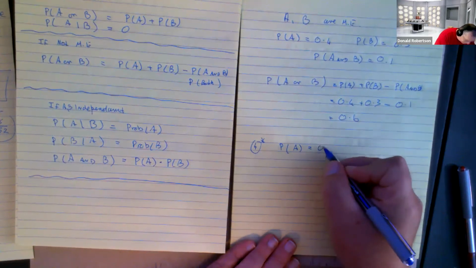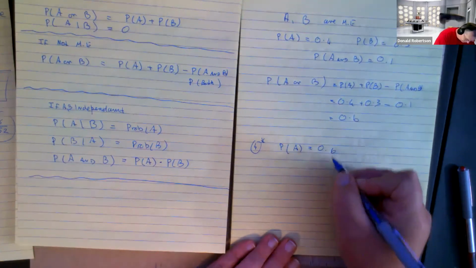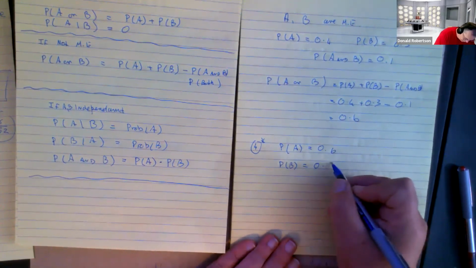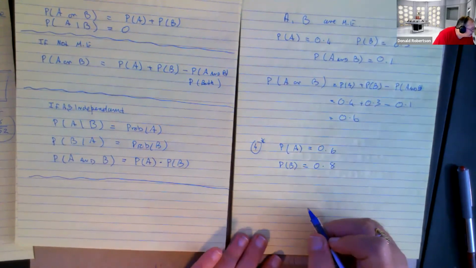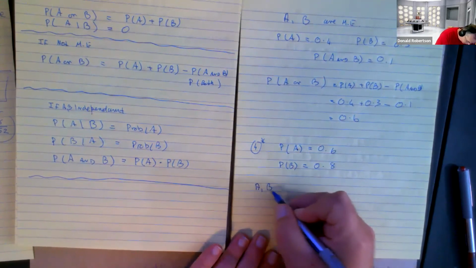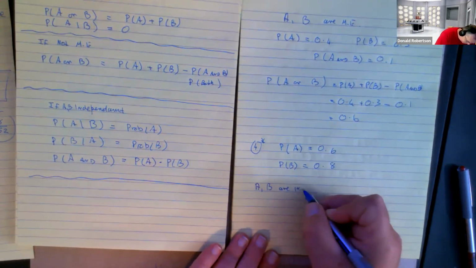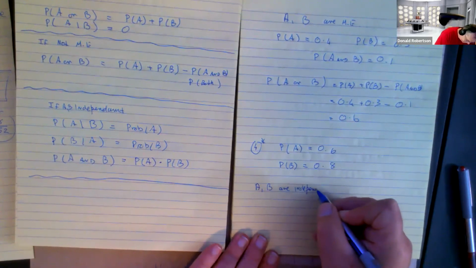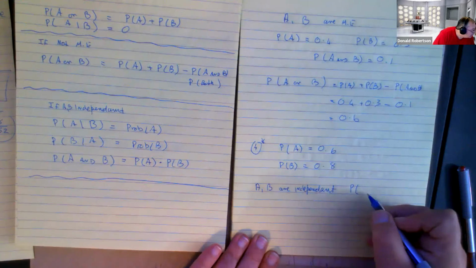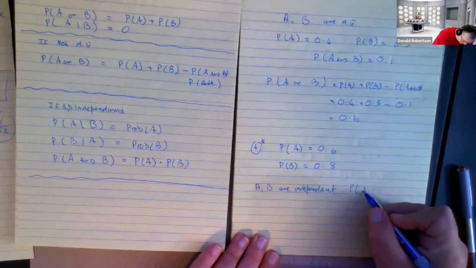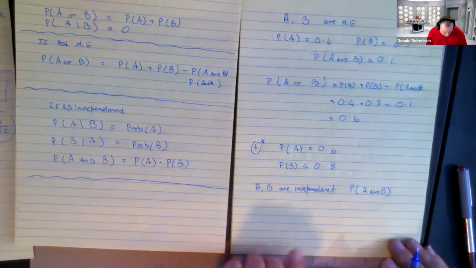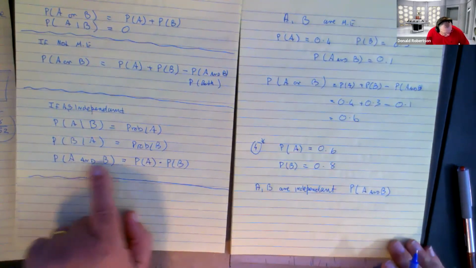Suppose I tell you that this guy is 0.6, and I tell you that this guy is 0.8, and I want to know, well, first I'll have to tell you that they are independent. And now I want to know the probability of getting A and B. Now, because they are independent, can we use this rule?